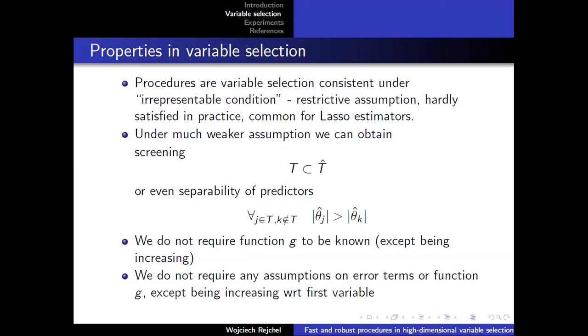And if you have something like that, then you can prove, for instance, that you can find the true predictors using the thresholded lasso, which is you just cut your estimator on some level, or you can use the two-step procedure with weights to find the relevant predictors.